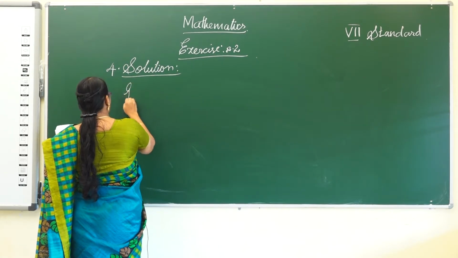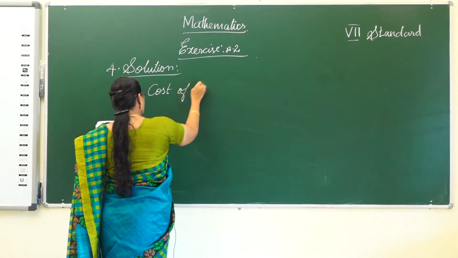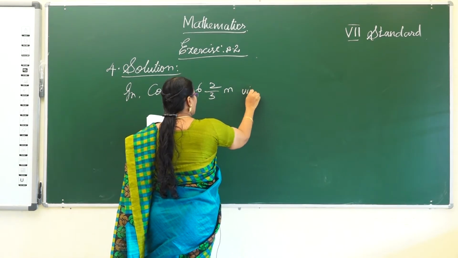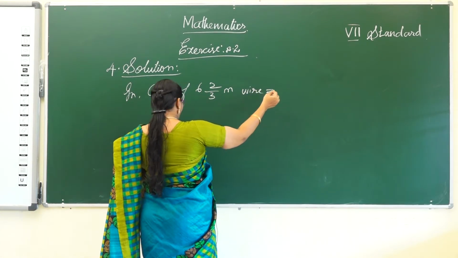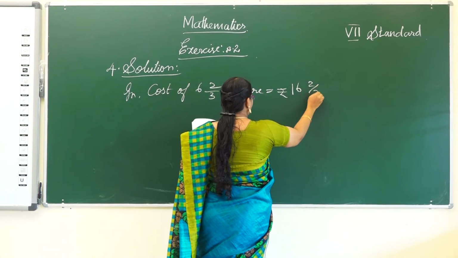So given, what data are given? Cost of 6 2/3 meter wire is equal to how many rupees? Rupees 16 2/3.